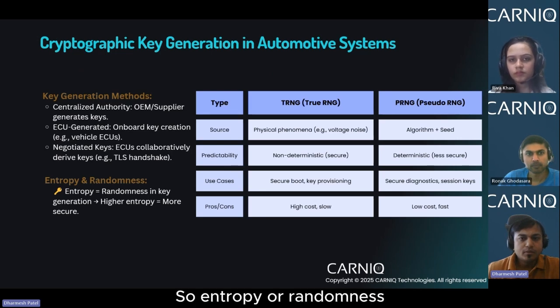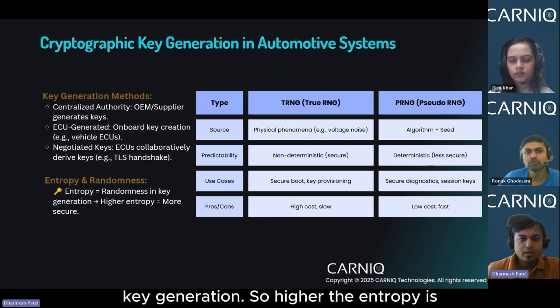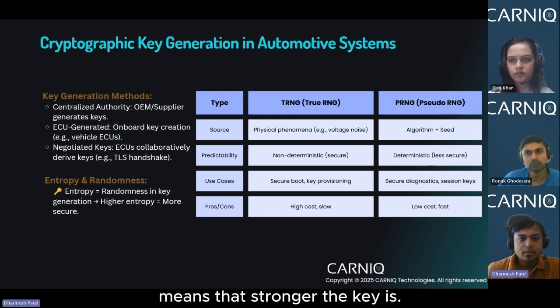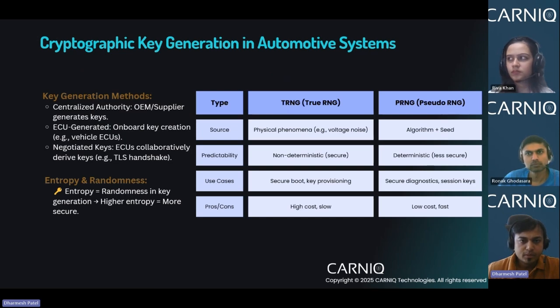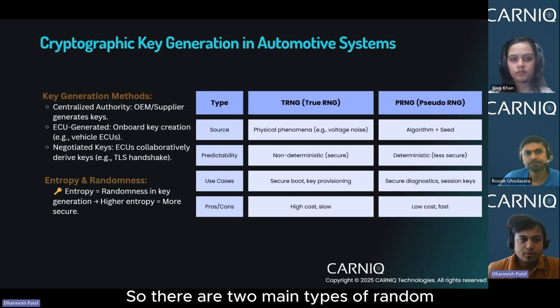I mentioned entropy sources. Entropy, or randomness, is vital for secure key generation. The higher the entropy, the stronger the key. There are two main types of random number generators available.